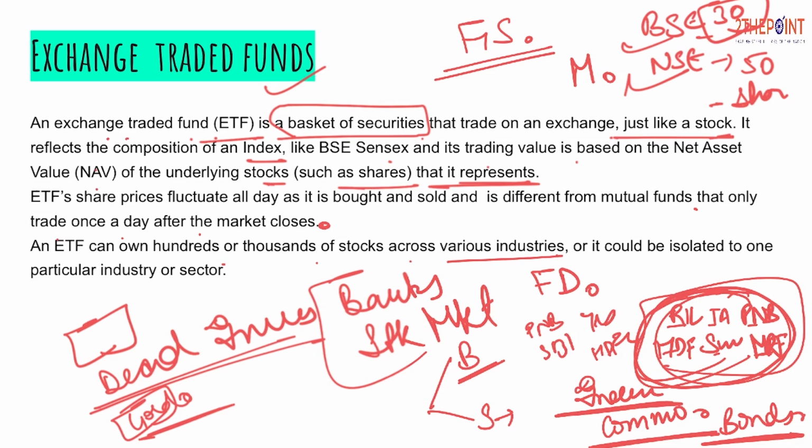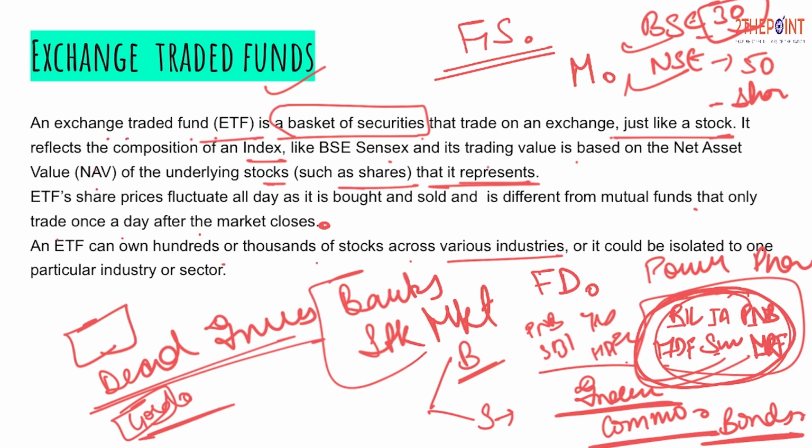But at the same time I could make a diversified basket which could include some stocks from the banking industry, some from power, some from pharma, some from FMCG. So it is not restricted to one sector. It could be a diversified one including stocks from various sectors. So there is no hard and fast rule relating to making the basket of securities.